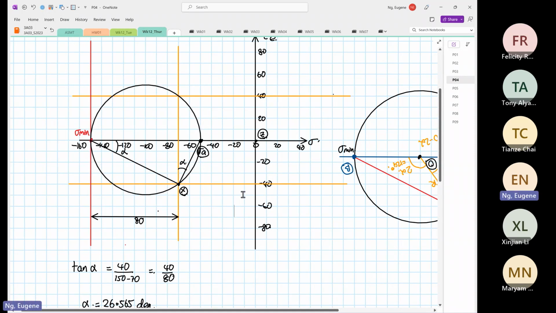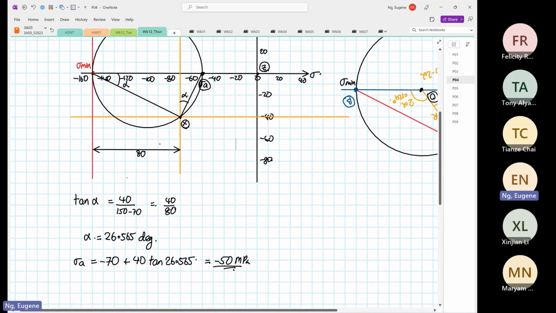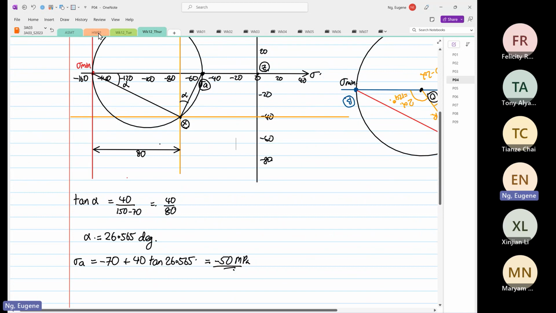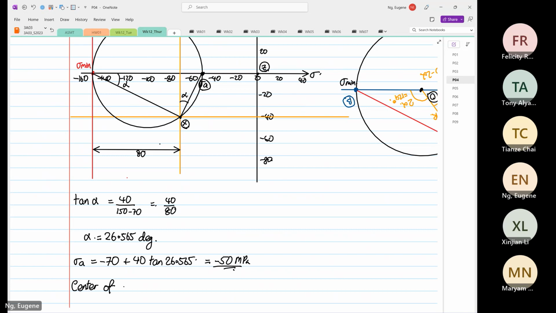Now we need to find the stress average, which is easy now. We are going to determine the stress average, or center of circle, for the XY plane.